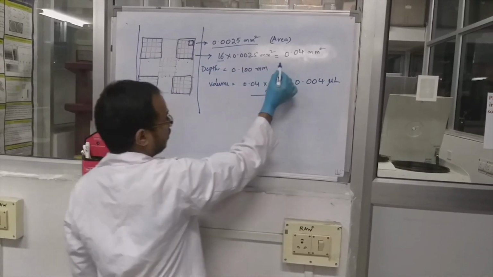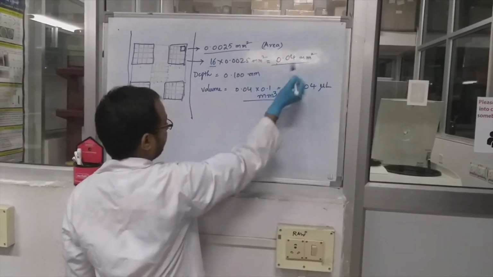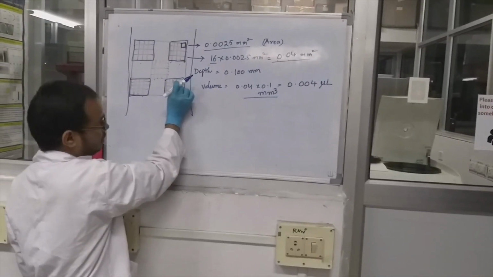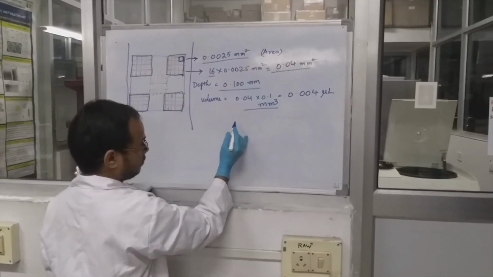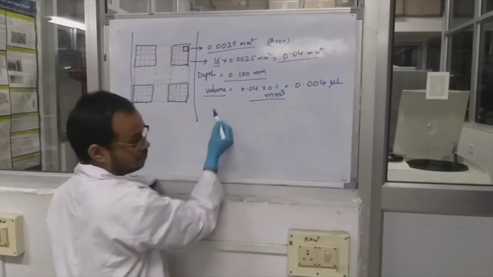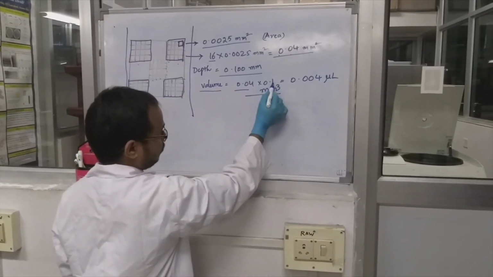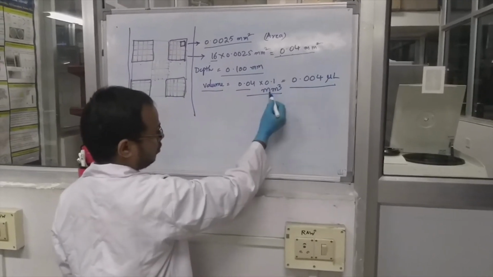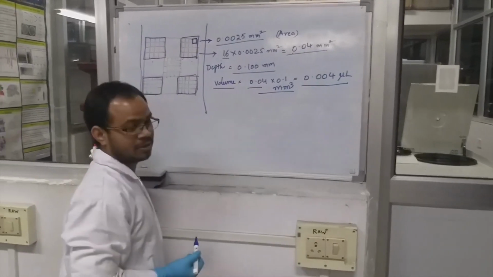So the total area of this whole square is 0.04 millimeter square. The depth of each well is 0.1 millimeter. So what is the volume? 0.04 into 0.1. That is a total of 0.004 millimeter cube or 0.004 microliter.